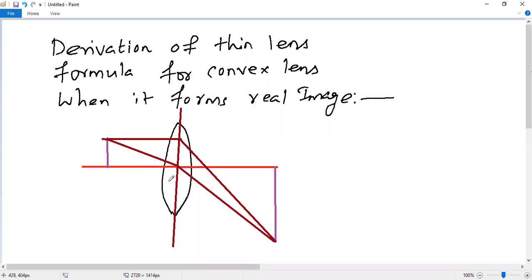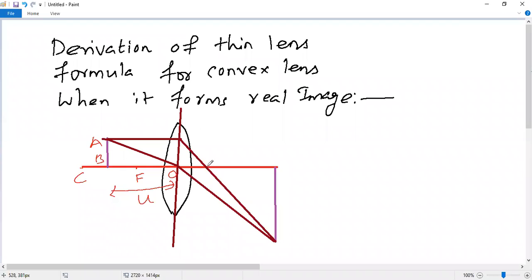So this is the convex lens, optical center O. Focus F. This is the center of curvature, otherwise 2F. I consider it as C. This is object AB. The distance from the optical center to the object is u.